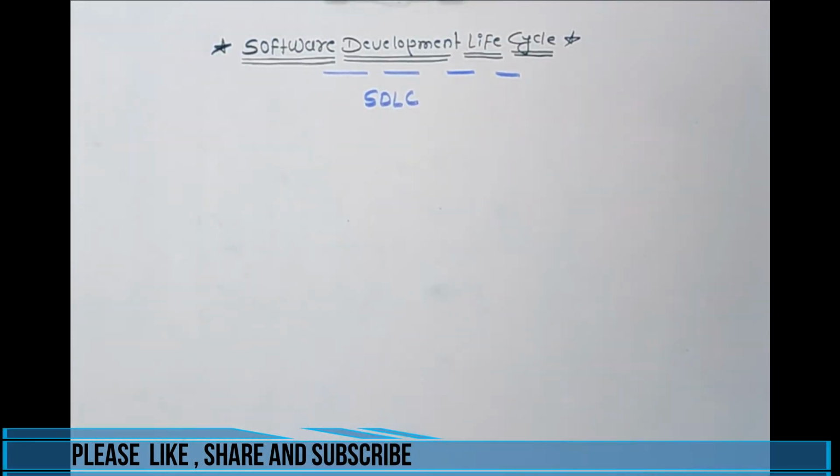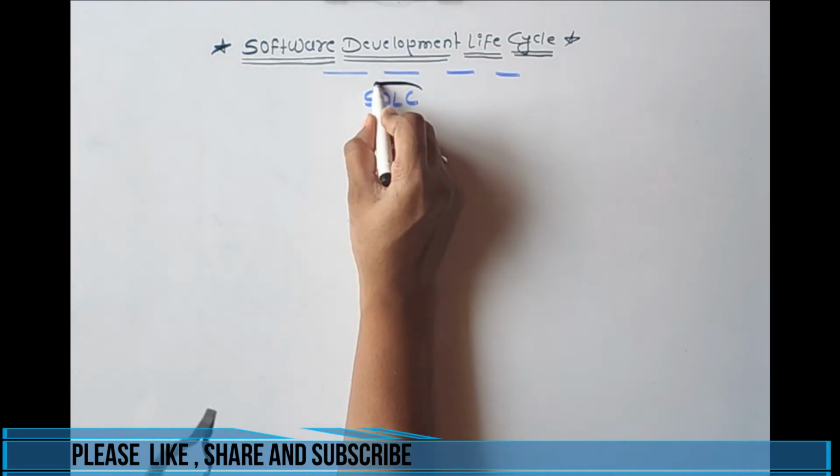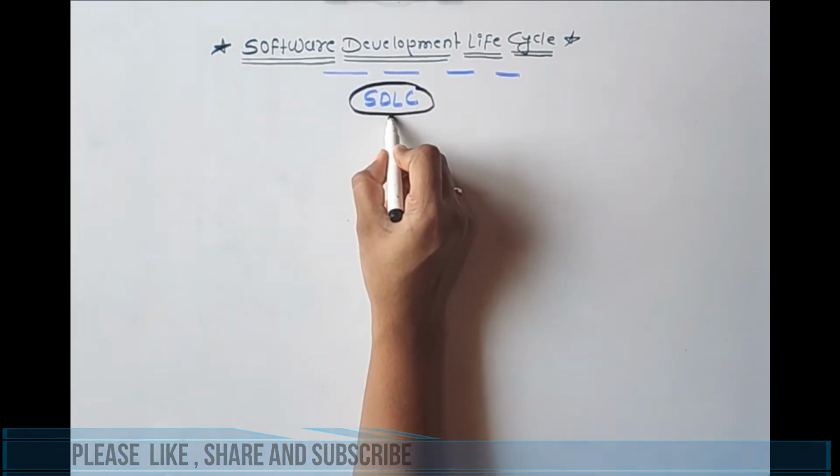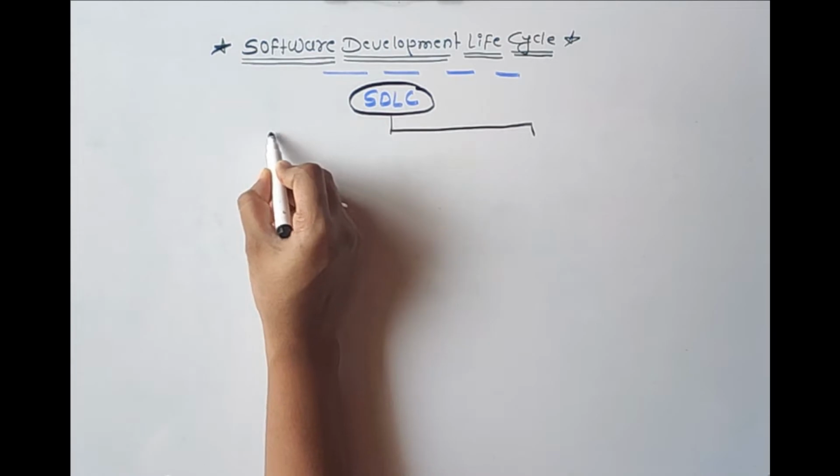So first of all, there are two types of life cycle.